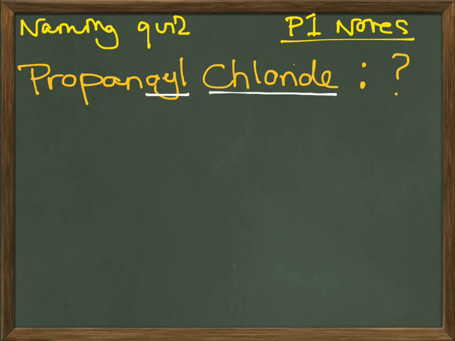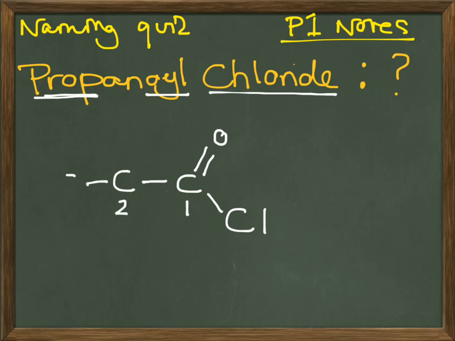Alright, so you should have drawn them by now. This is our displayed formula, so C double bond O, and then we've got prop, 3 carbons in our longest carbon chain, and for the fully displayed, remember to put all your bonds, 4 bonds on each carbon, with hydrogen.